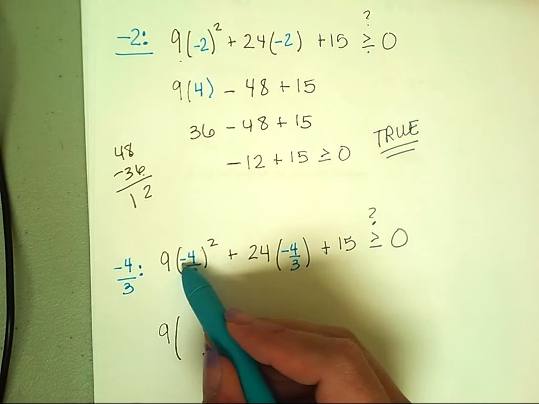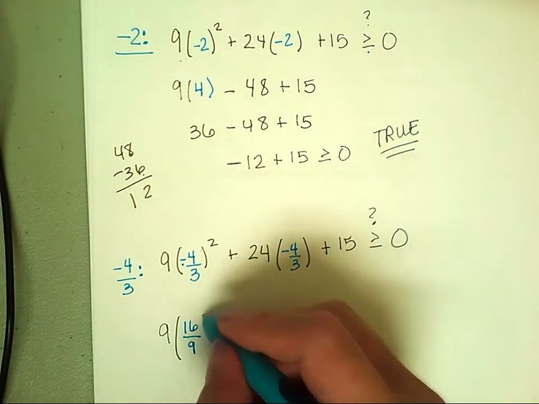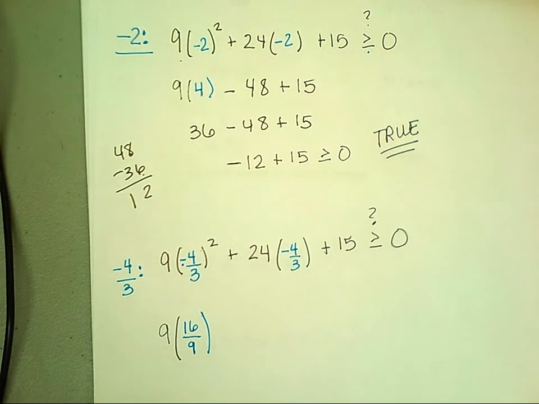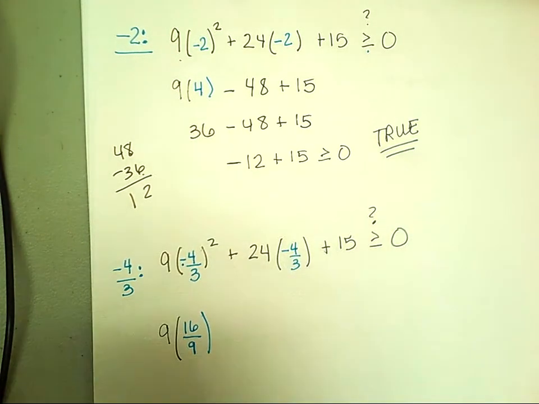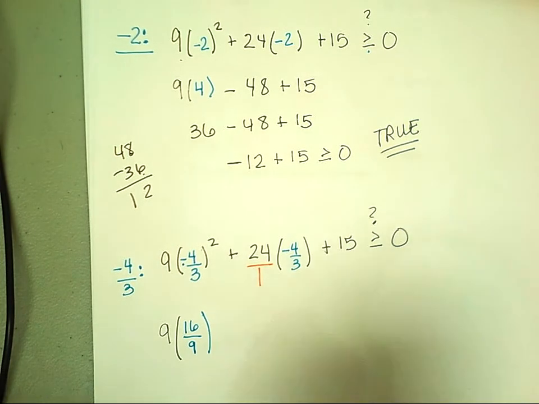This becomes 9 times, squaring this, the negative will become positive, 4 becomes 16, and 3 squared is 9. Now here, you can think about this as over 1.